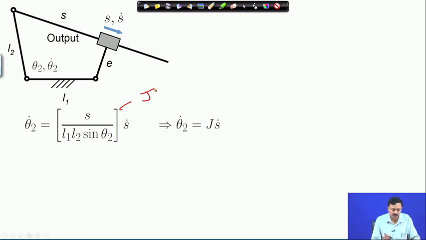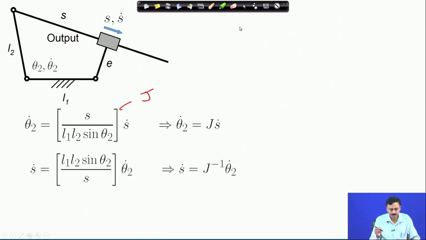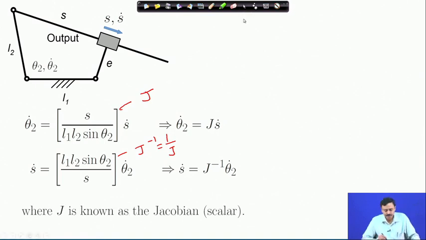So, Jacobian is in terms of S and theta 2, and if you invert the relation, then you get it in terms of Jacobian inverse, which is 1 over J. It is a scalar. So, we have the Jacobian. So, these input output velocity relations are linear and related through the Jacobian.